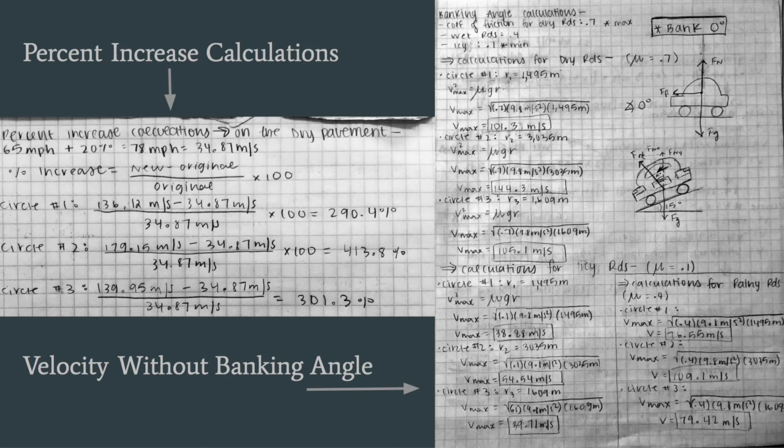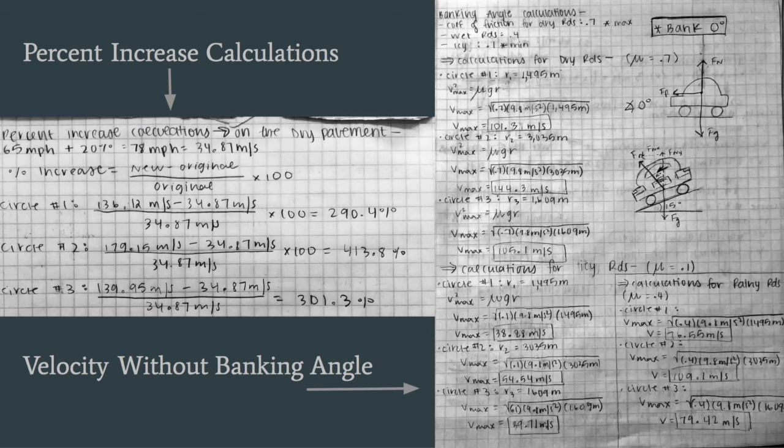All right, so now I'm just going to walk through some of our calculations for how we found the banking angles and the velocities for each curve. So for the banking angle, we found the banking angle using the formula tan theta equals velocity squared over gravity times radius.